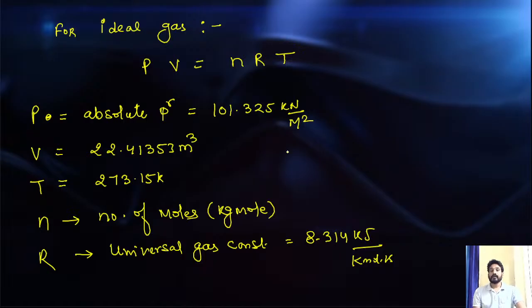The units are very important here. I'm defining the pressure in this unit, volume in this unit, temperature in this unit, moles in this unit, and R in this unit. If these are the units, then these are the fixed values. So all these values are defining a state of a gas at a particular moment.